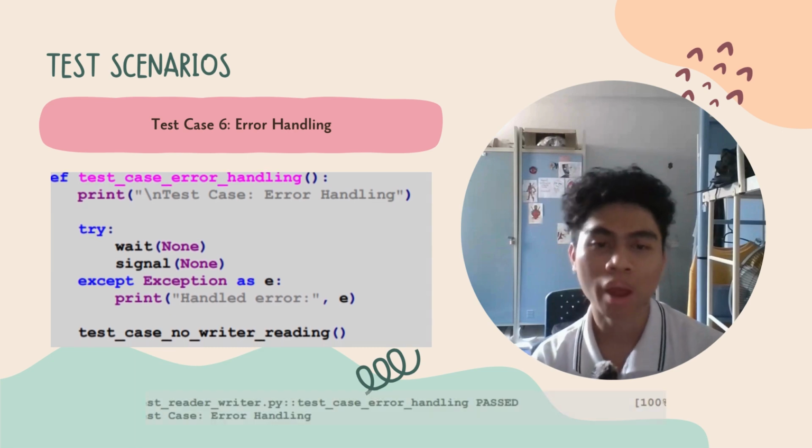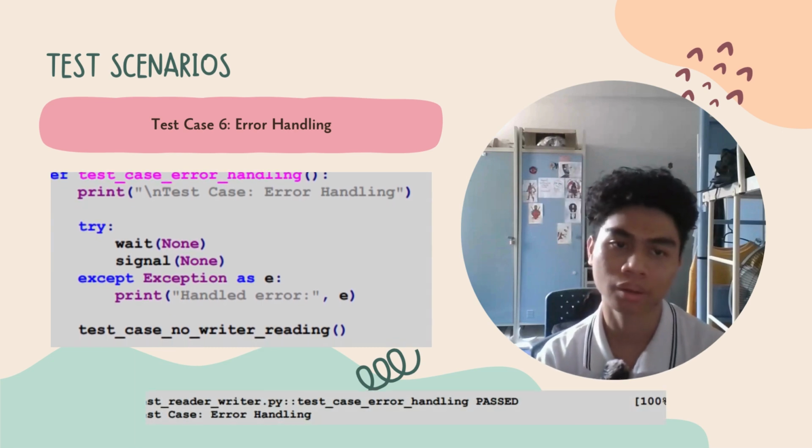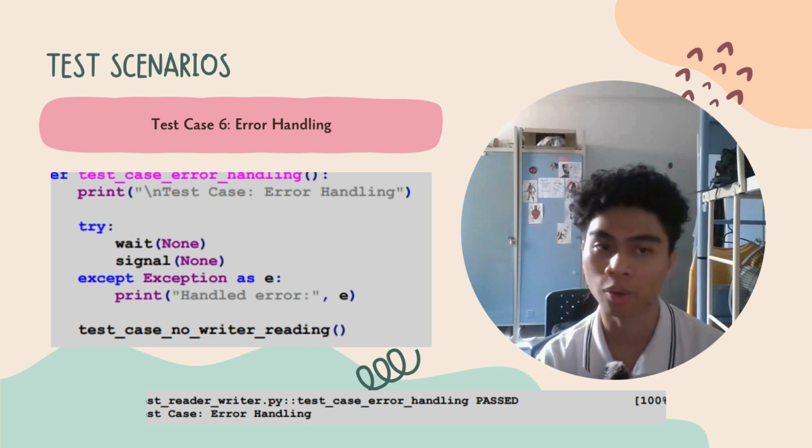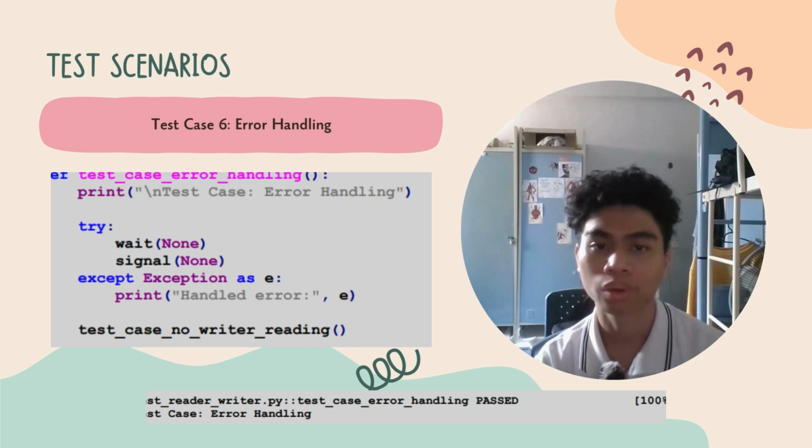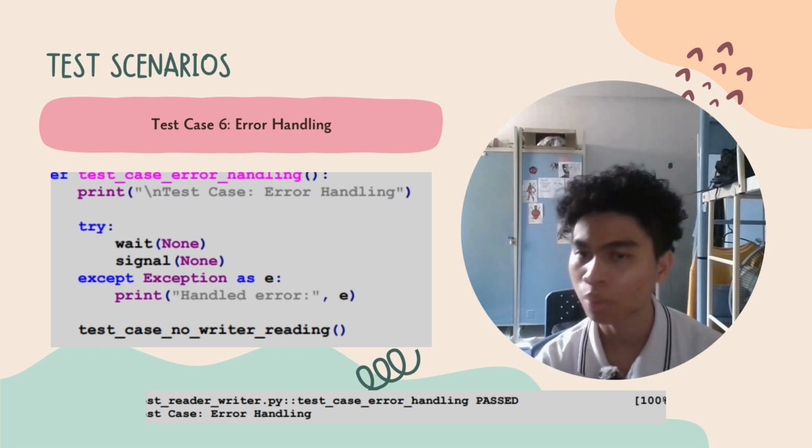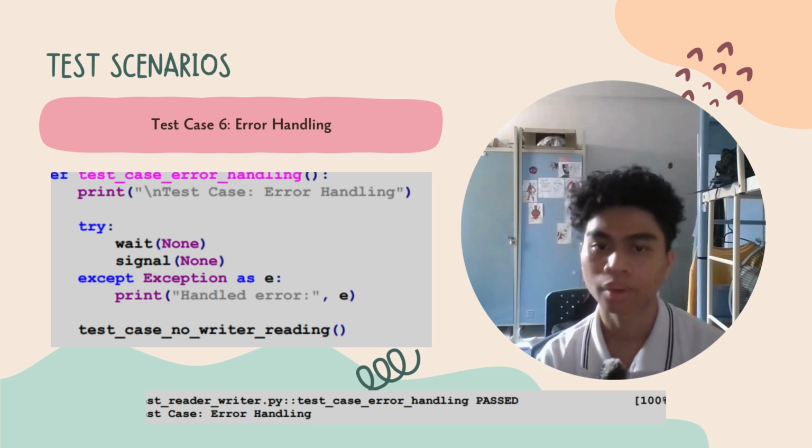Finally, we have a test case to check if the system can handle errors gracefully. In this scenario, we intentionally pass invalid arguments to the wait and signal functions to see how the system responds. The system should catch the error and handle it properly without crashing.